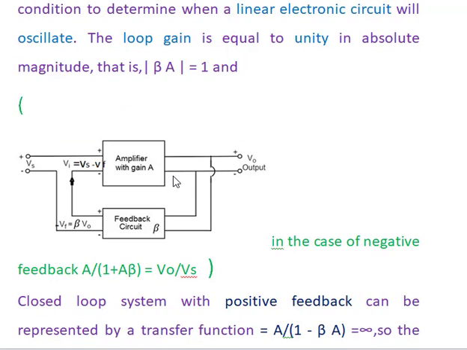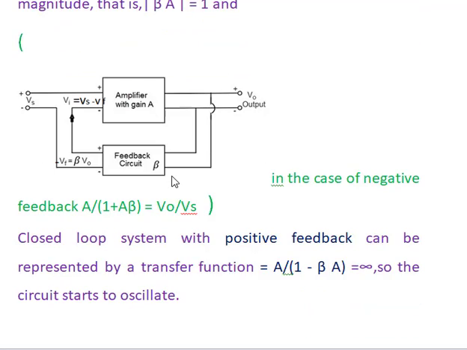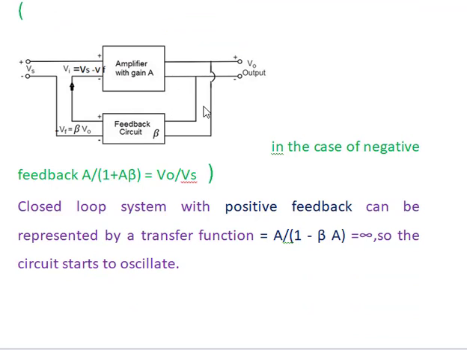You know well that we have already studied the feedback amplifier. It is an amplifier with the gain A. The initial input is V source and it gives a V output. From the V output, we take a part of the output voltage, that is the feedback part.